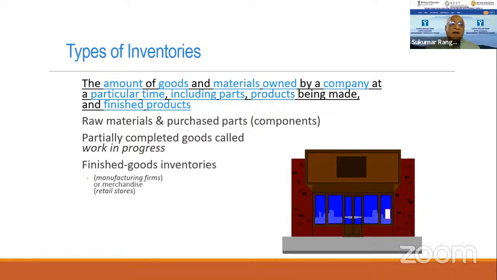Finished goods inventory: once you have completed the item of manufacturing, it gets into a finished goods area or a storage, and it is waiting to be transported to the customer directly or through a channel of distribution.